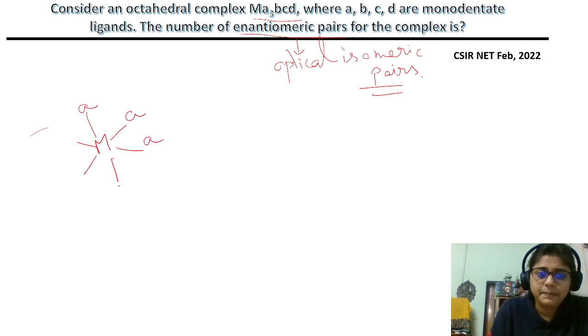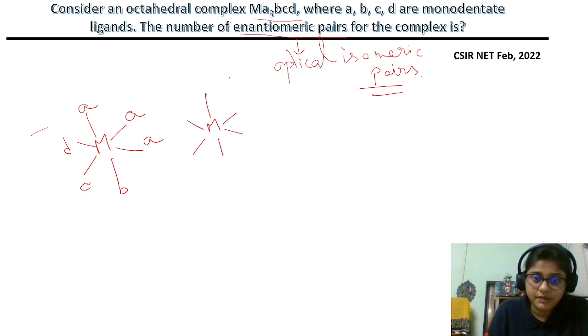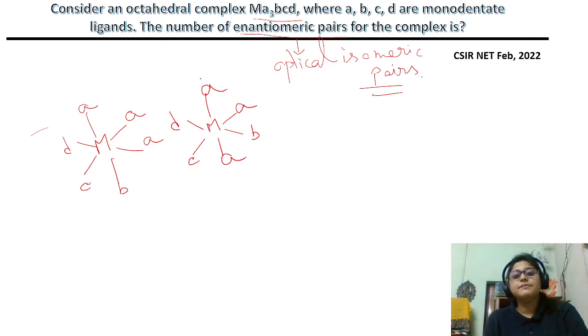A, B, C, D, the same way I have talked about. What I can do is keep A trans. All the things I will keep the same: B, C, D. In the same structure, you can see A are trans.